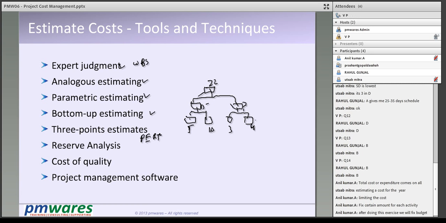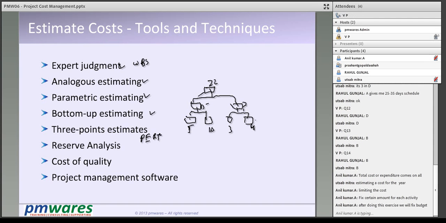Yeah, I agree you will fix the budget. But what is budget? Are you saying this 22 is the budget in this case?